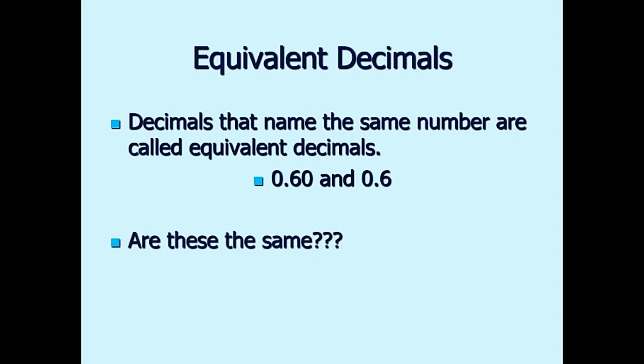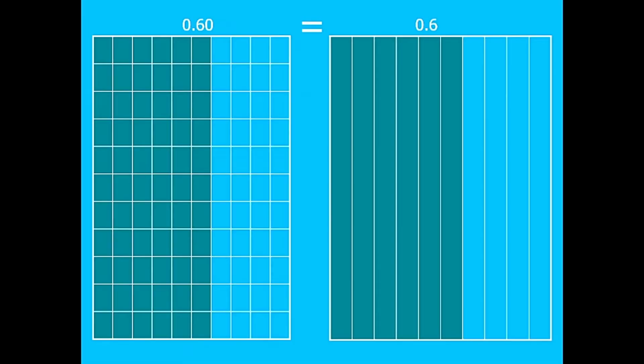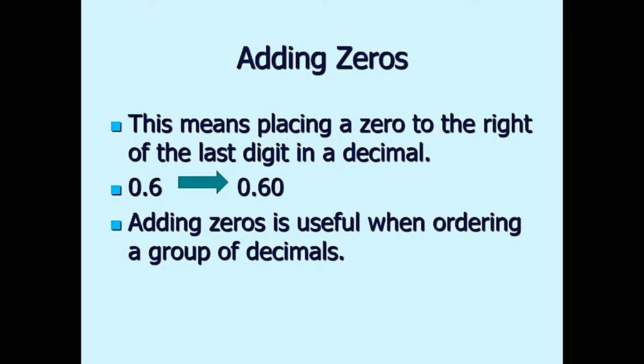The answer is yes. 0.60 is equal to 0.6. Why? Because we will add 0. 0.6 becomes 0.60. Adding zeros is useful when ordering a group of decimals. Let me repeat, we added 0.